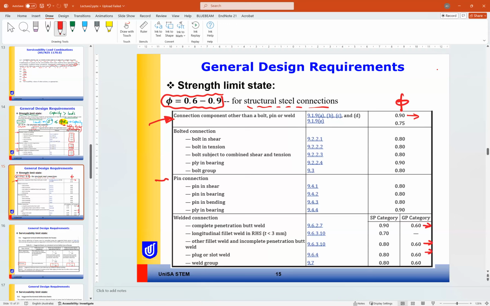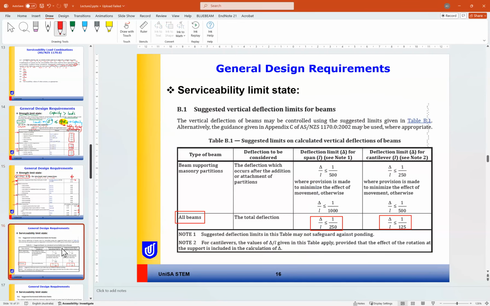So based on the connection, if it is a pin connection, bolted connection, or welded connection, we should select our reduction factor phi based on that. Okay, so this is phi and the design concept for ultimate limit states.